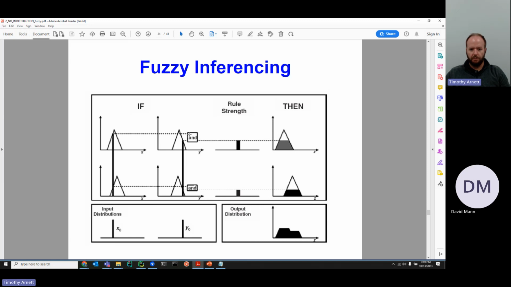So we have these two different membership values, one for X and one for Y. We need to resolve those to calculate what we call our rule strength, the firing strength of that rule. In this case, we're using, so this is called a T-norm, the minimum T-norm, which is one of the most common.